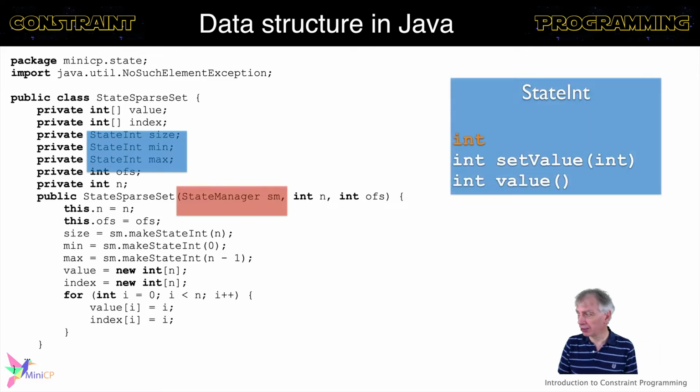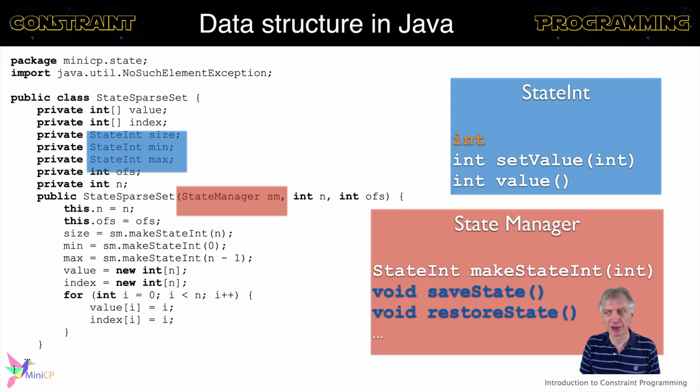A state int is actually extremely simple. It saves one integer, and I can set the value of that integer and get that value. So it's just an object encapsulating an int, nothing interesting. The state manager is more interesting. It allows you to create these state ints, so it acts as a factory for creating them, and that's what you see here.